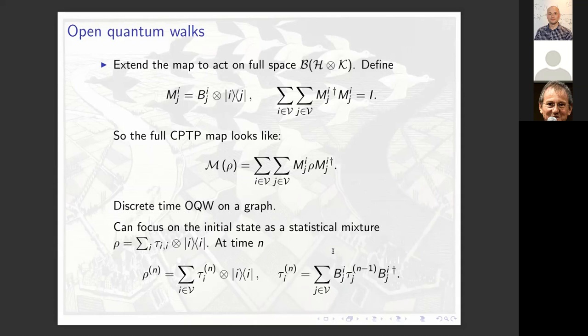So basically, when you think of applying this map, you can do so inductively. For any time n, you have these two expressions here. That's the general form of the state at time n.